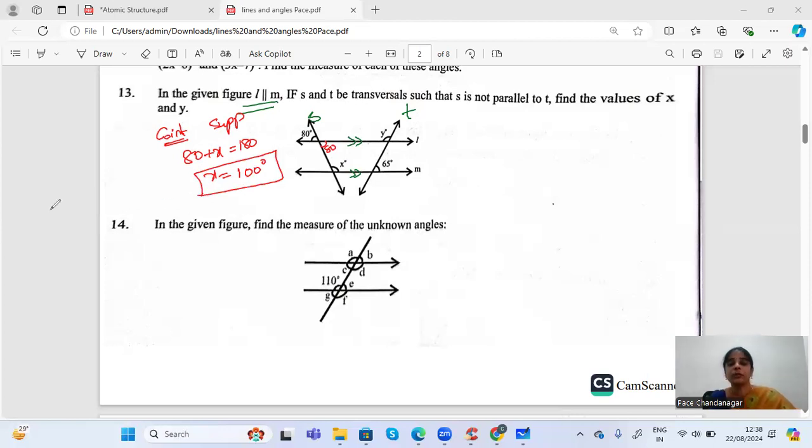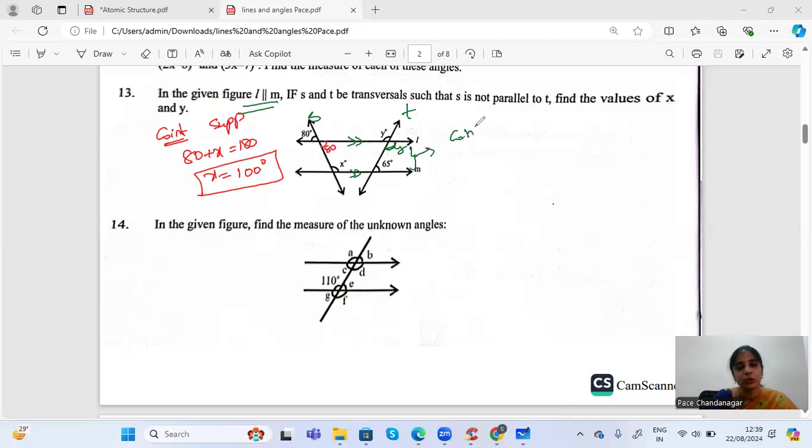Right. Now coming to the question for y. Here also y is somewhere there and 65 is somewhere here, and there is no direct contact. There is no relation between y and 65 directly, but we can bring that relation closer by establishing a relation there. So when that is y, its vertically opposite angle will also be equal to y, isn't it? So now that y and 65, how are these two?